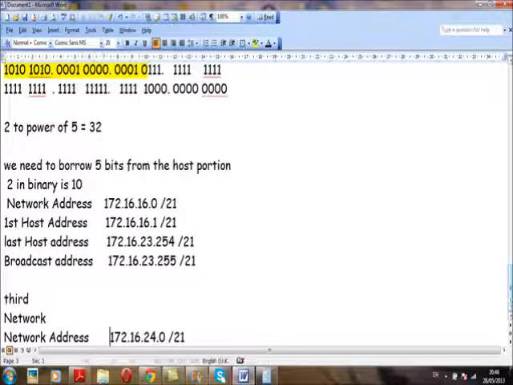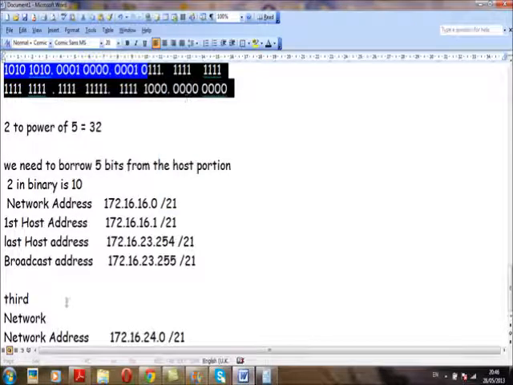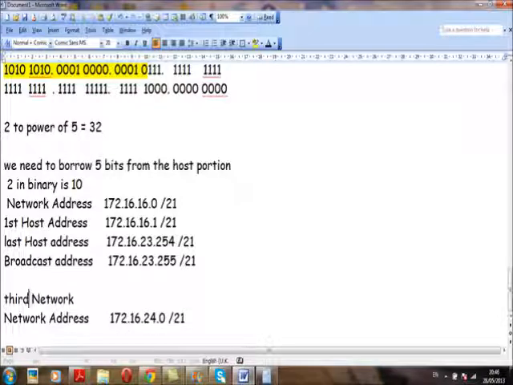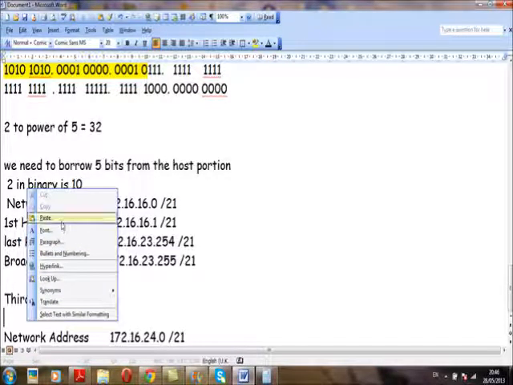The easiest way is I'm just going to do a copy and paste. So I'm going to copy this, and then you can do the third network. Okay, I'm just going to paste this down here, and we're going to change the figures slightly.